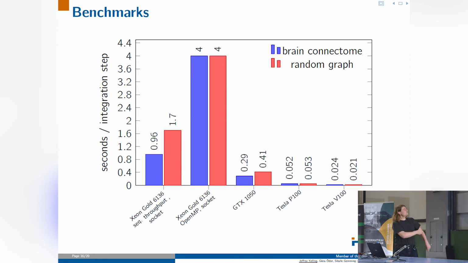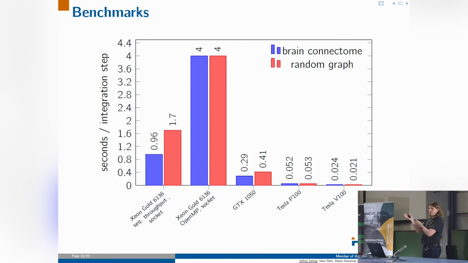And this is the number on CPU. I have to explain a bit about this because we only have a single-threaded implementation for the CPU, but comparing GPU to single threads doesn't really make a lot of sense. So what this number actually is, is kind of an effective time per iteration if you consider the throughput you can get on the CPU by running multiple simulations at the same time.